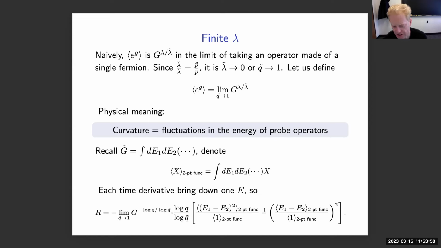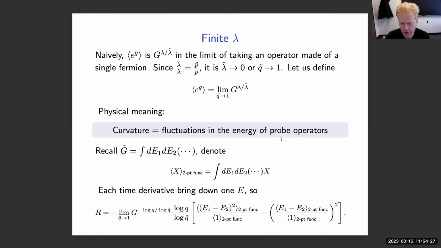This is exactly the fluctuations in the energy difference. E1 and E2, if you recall, are the two intermediate channel energies. So E1 minus E2 is just the energy of the operator that we inserted in between. So this is the energy of the operator, fluctuations of it, the variance of it, in the limit where q tilde goes to 1, which is the limit of light operators.